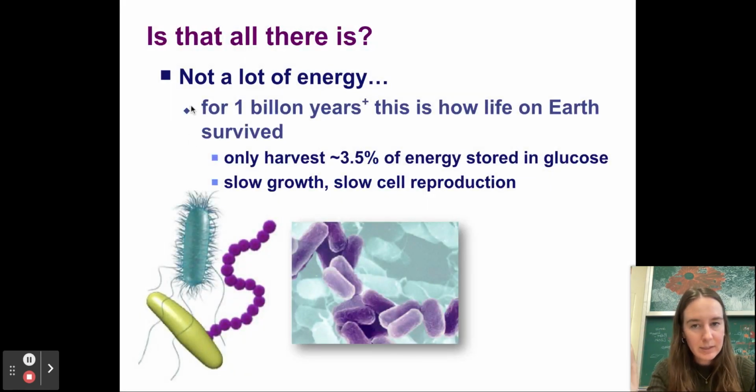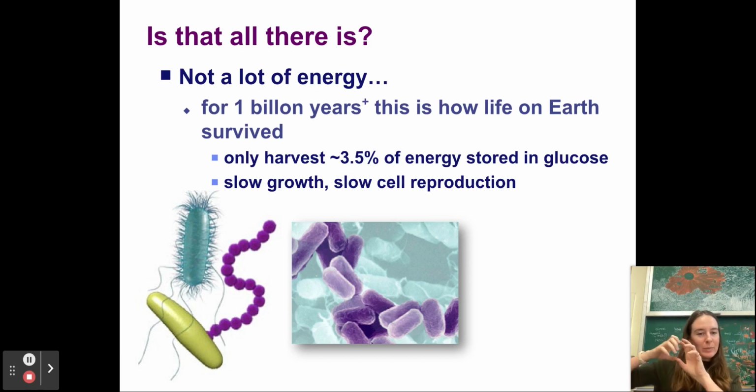But the problem with this, why don't we all just stick with glycolysis, is remember, you don't get that much ATP from one glucose molecule. You oxidize your glucose, you create some ATP, but that molecule can still be broken down even more. You just need some oxygen for that. But that's okay. For 1 billion years, life on Earth survived with just glycolysis. So these prokaryotes survived. But the only problem is you're not getting all the energy out of glucose that you can.